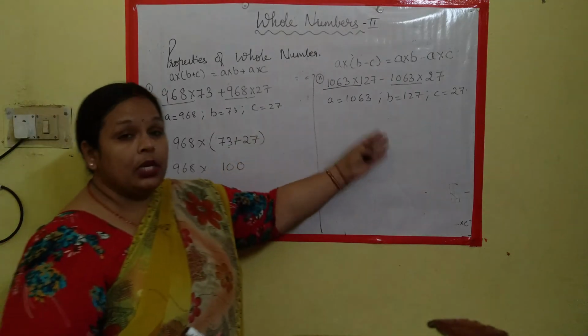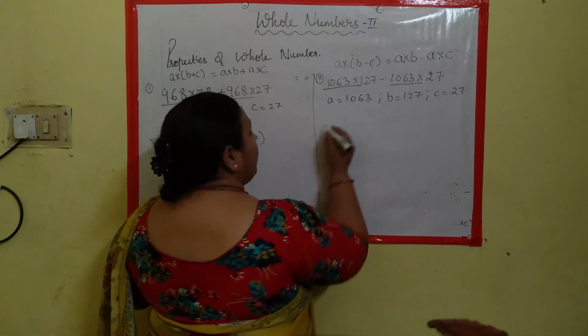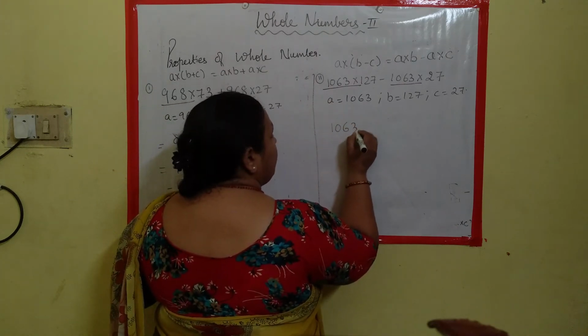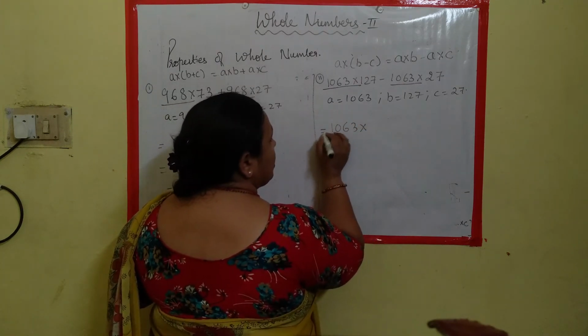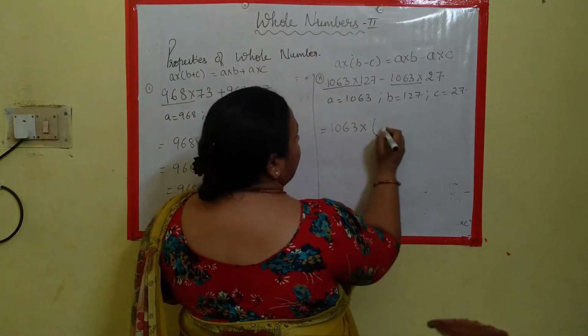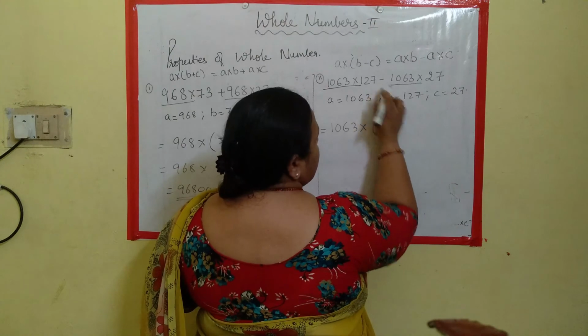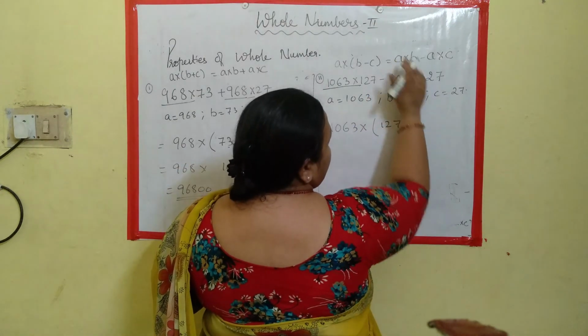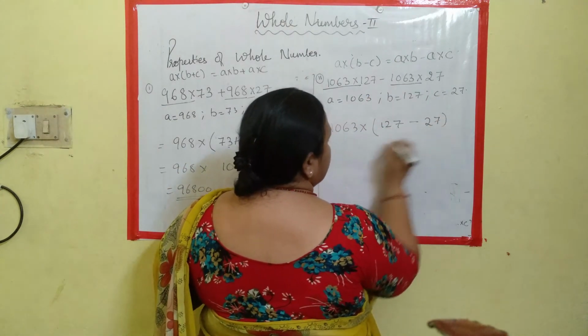Now coming to the second example, where 1063 is taken as common. Again, after this multiplication we are left with 127. The sign is minus. Again this part is common. We are left with 27.